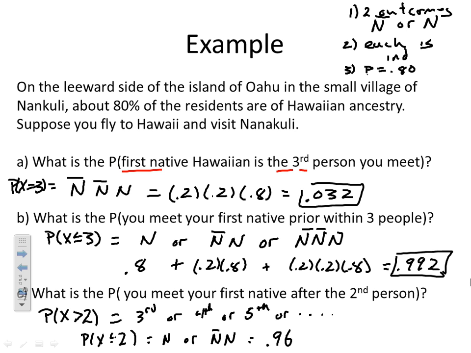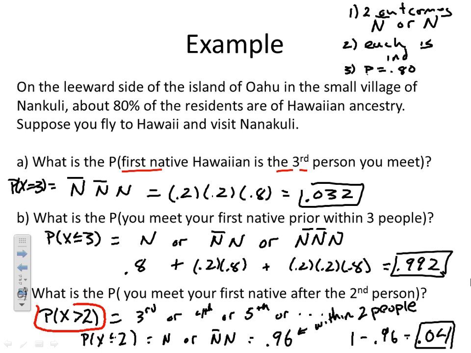There's a 96% chance we meet them within 2 people. So we can use our complement rule, 1 minus 0.96, 0.04. So there's a 4% chance that we'll meet our first native after the second person. Whenever we see this greater than situation, we're going to have to use that complement rule.